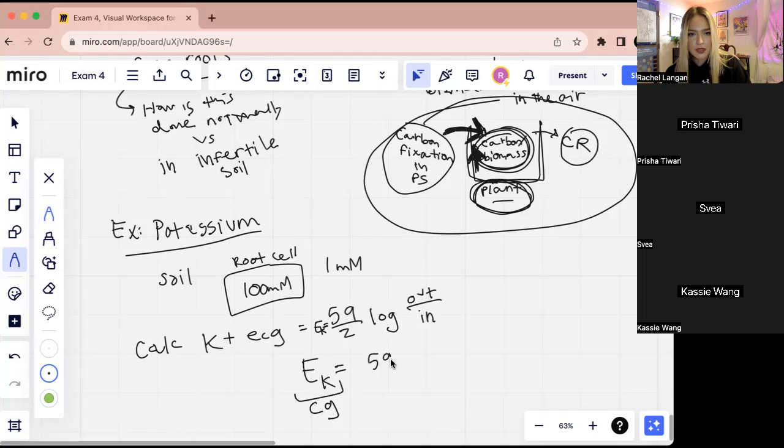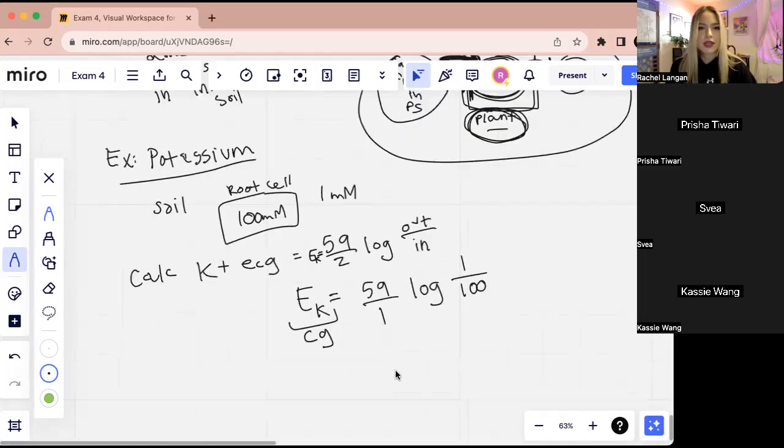So it would be 59 over 1, because that's the charge of the ion, log out over in. All right, you guys do the calculation with me in case I do it wrong, because I've been known to do math wrong.